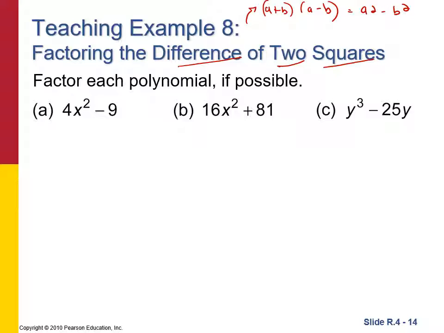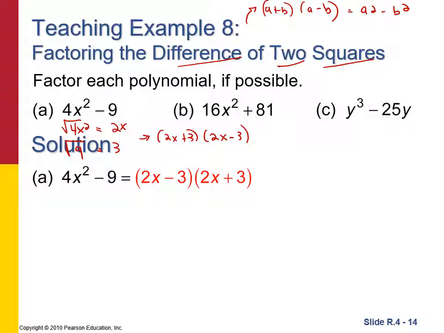Okay, and so let's take a look at a. If we take the square root of 4x squared, that leaves us with 2x, and the square root of 9, that leaves us with 3. And so the answer to a is 2x plus 3 times 2x minus 3. And that is what I get here.